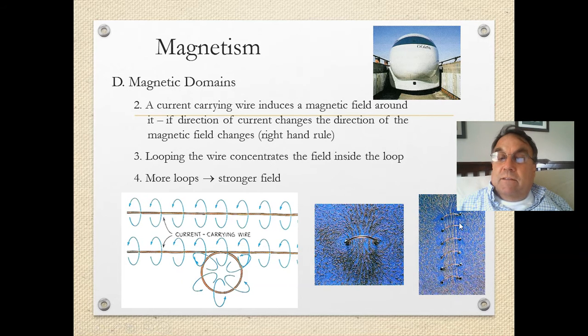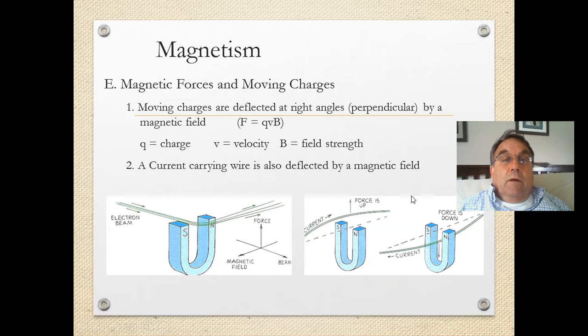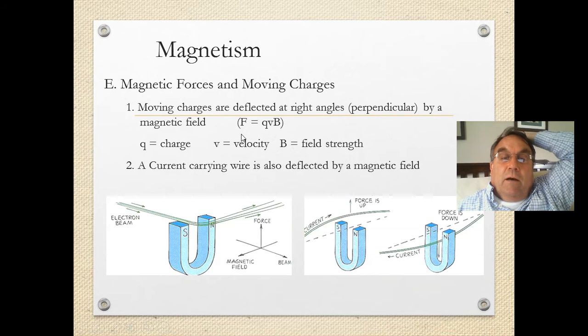That's the essence of what happens with motors and generators: they have a bunch of coiled wire, and then they move magnets relative to this, or they run a current through it and induce a magnetic field.